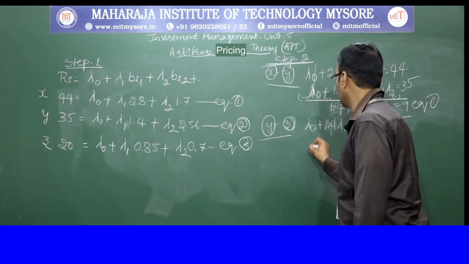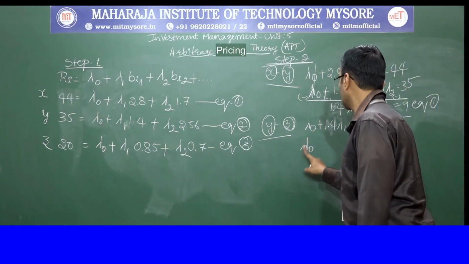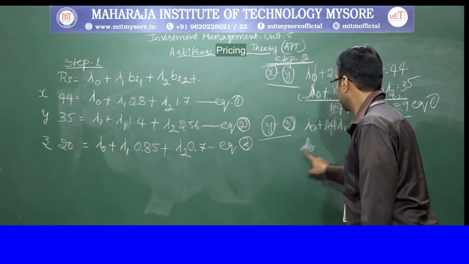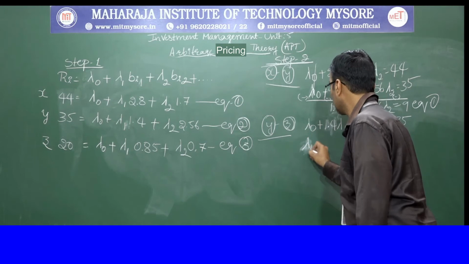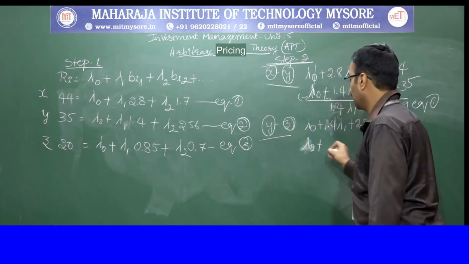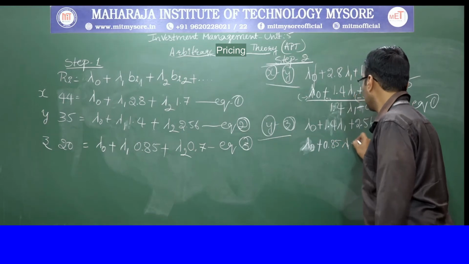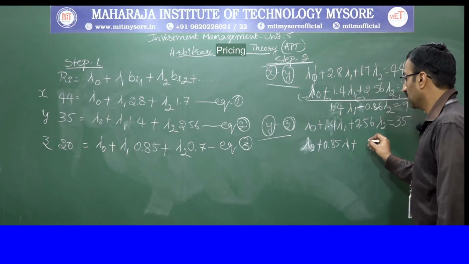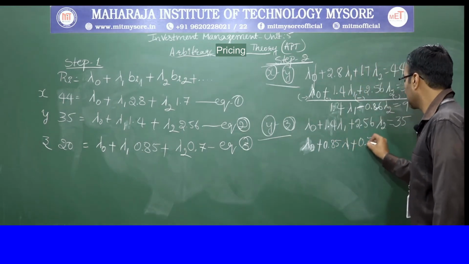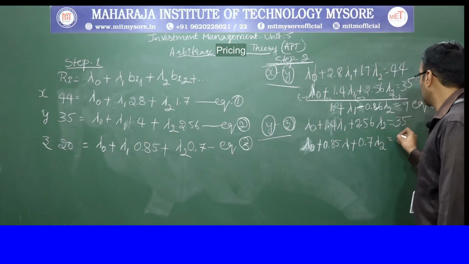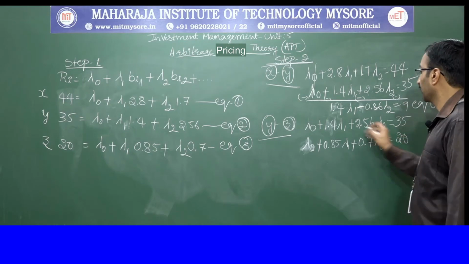Z is equal to lambda naught plus 0.85 lambda 1 plus 0.7 lambda 2 is equal to how much? 20.